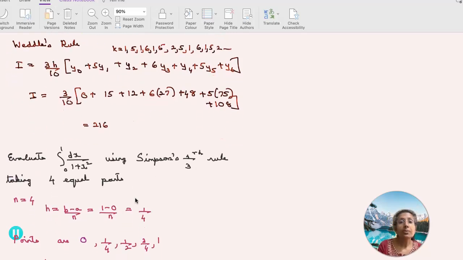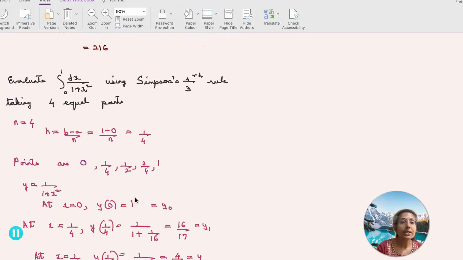Coming to the next problem, evaluate the integral from 0 to 1 of dx by 1 plus x squared using Simpson's 1/3 rule, taking 4 equal parts. So n equals 4, so h equals b minus a by n, that is 1 minus 0 by 4, which is 1 by 4. So your points are 0, 1 by 4, half, 3 by 4 and 1, and y is 1 by 1 plus x squared.